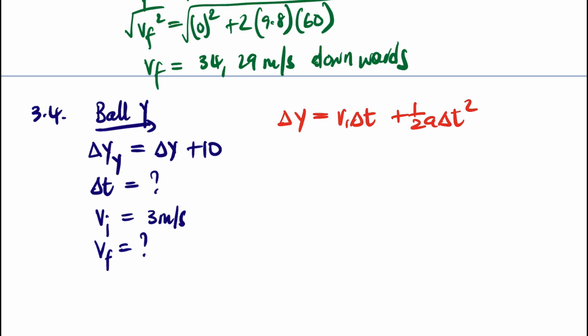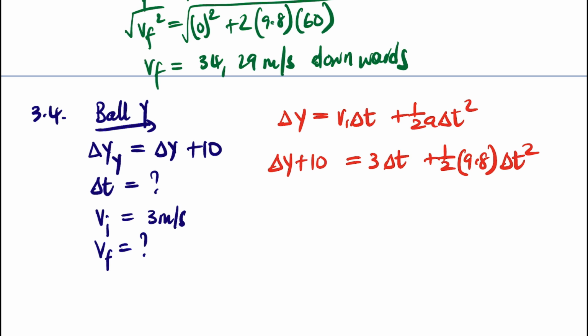So using that equation, let me substitute. It's going to be delta y plus 10 is equal to the initial velocity, it's 3, and then the time we do not have, it's change in t, plus half acceleration, it's positive 9.8, and the time is change in t squared, right? So here I'm going to create the equation 1 for y.